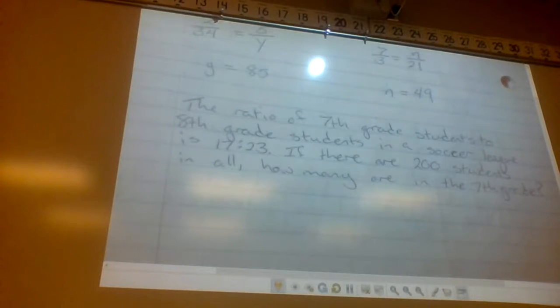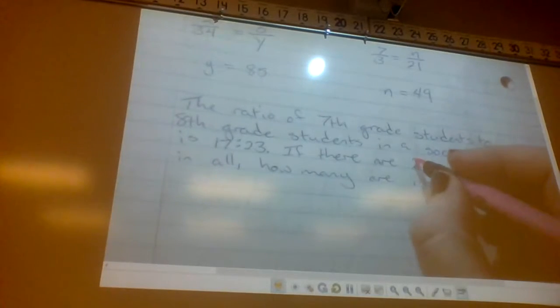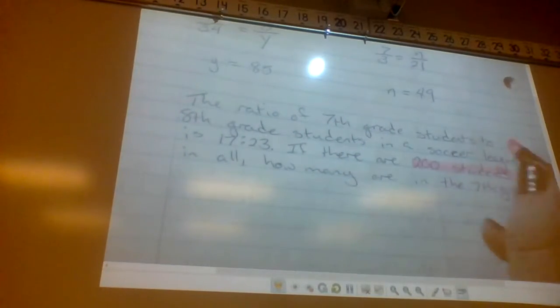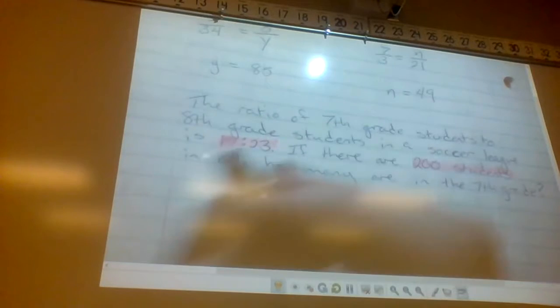All right. What do we need from this word problem? What's important? Does everyone agree we need 200 students? Okay. Anything else?